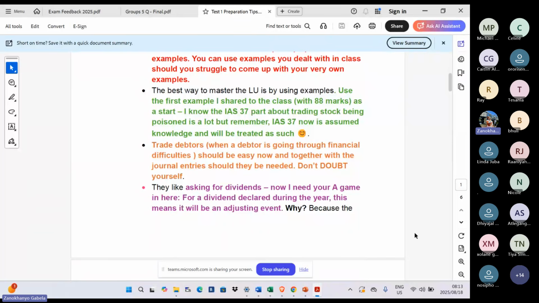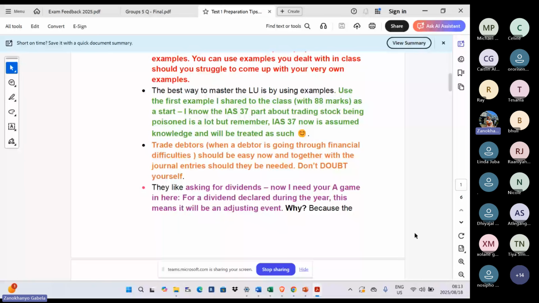Once you've got that part, you need to explain further that this constructive obligating event will create a present obligation. And this present obligation is a past event. What is the past event? It is the date of the declaration, which is in the current year of assessment. Hence, we are adjusting and providing a liability for this.